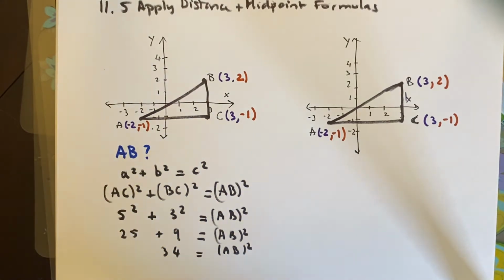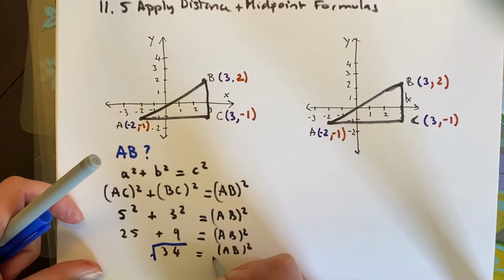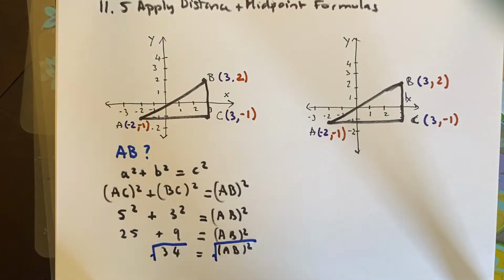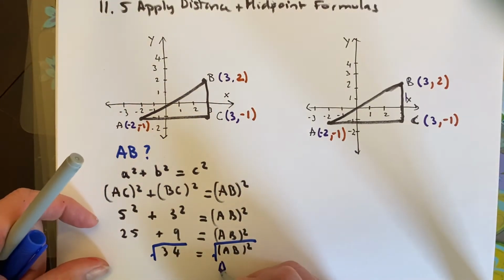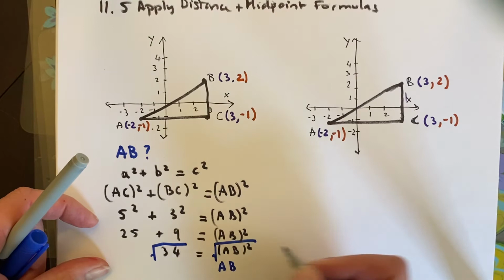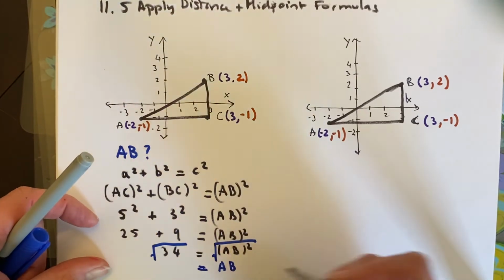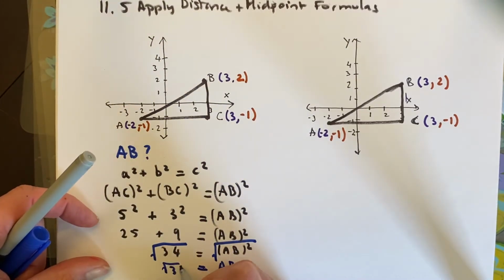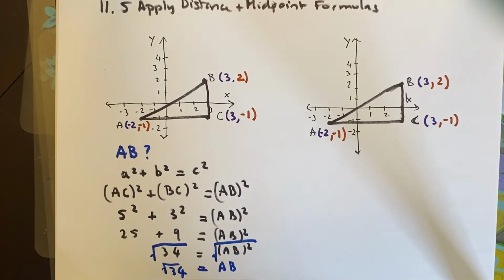And if I take the square root of both sides, I get left with AB, which is also C for my hypotenuse, is a square root of 34. So I have solved that.